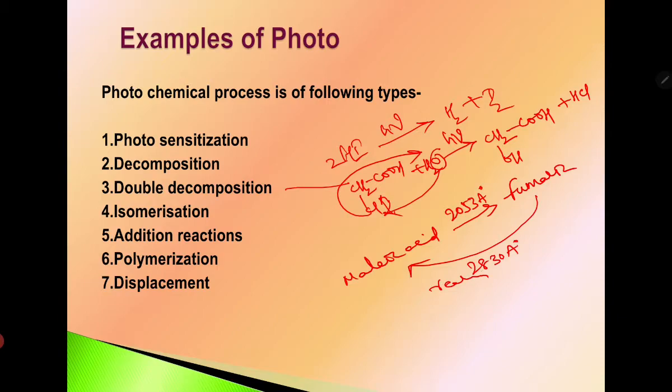Next, for addition reactions, carbon monoxide plus Cl2 in the presence of light gives rise to COCl2. For polymerization reactions, two molecules of anthracene, C14H10, in the presence of light energy get polymerized to dianthracene.